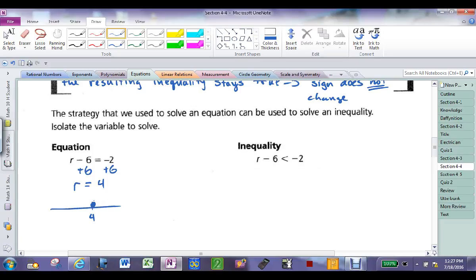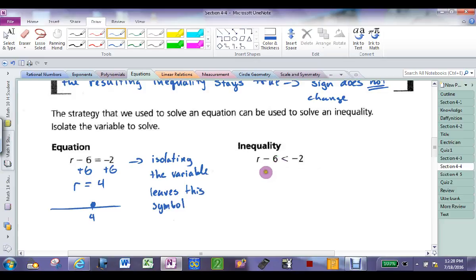Now, you guys are smart kids. If isolating the variable leaves this symbol the same, then what do you think isolating the variable will do here?